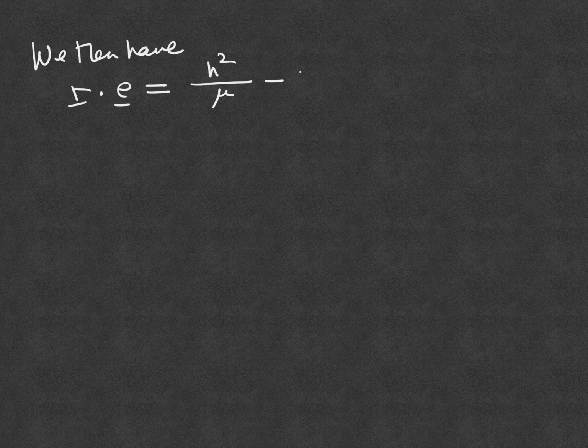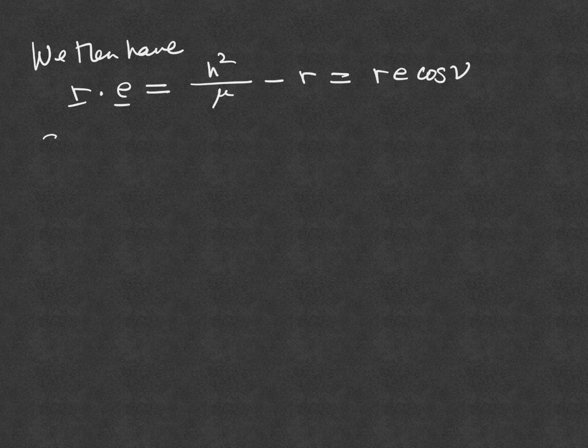So we then have R dotted with E is equal to H squared over mu minus R. But that has to equal the first expression that I had, which was RE times the cosine of nu.